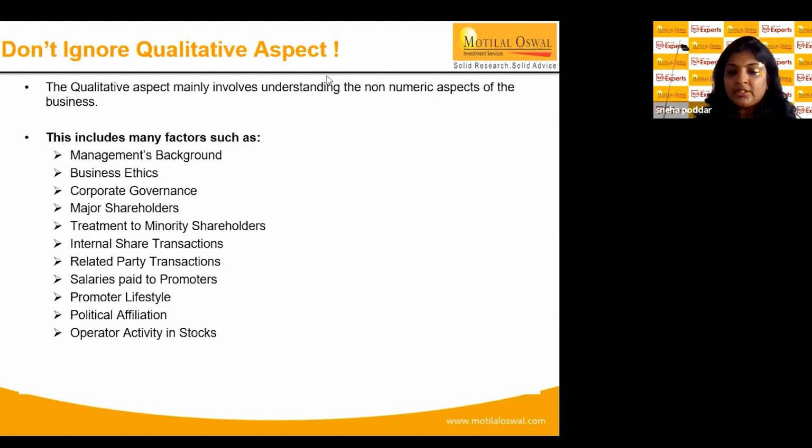But I would say one thing at this point: in the short term, the news does impact the company. If a company is very healthy and strong, then on a long term basis it really doesn't impact it, though it depends on the news. So you should analyze the news and see whether the impact is short term or long term, and then take a call.